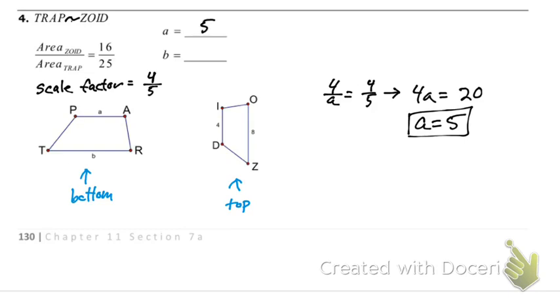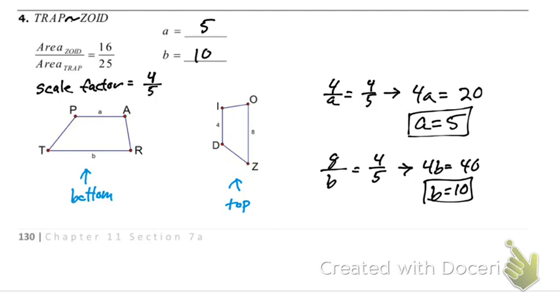And we'll do the same thing with our B. Well, this is our top. This is our bottom, so we'll have 8 over B equals the same scale factor of 4 over 5. That's going to be 4B equals 40. We'll have B equaling 10. And we finish the problem.